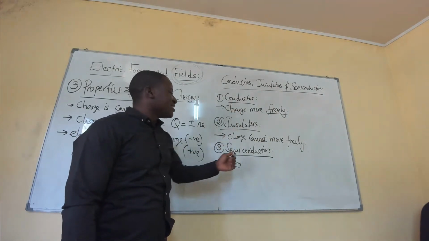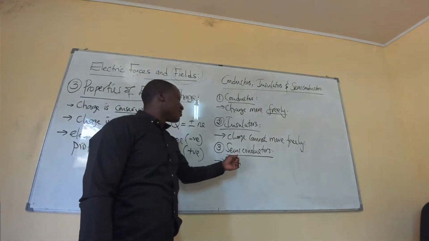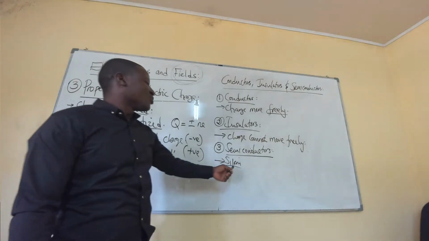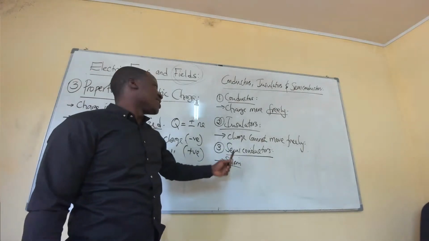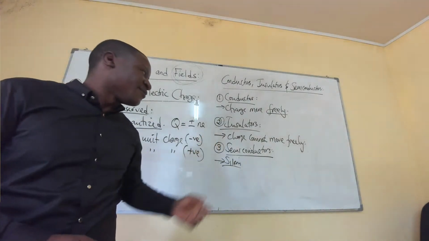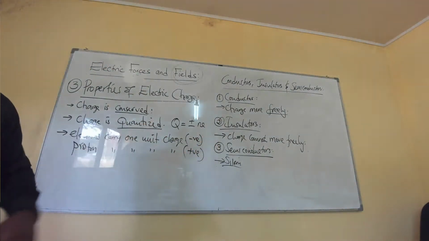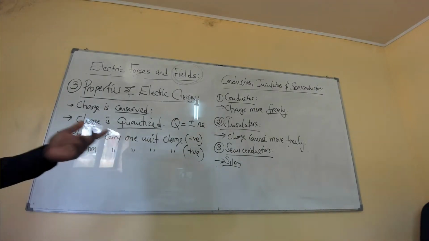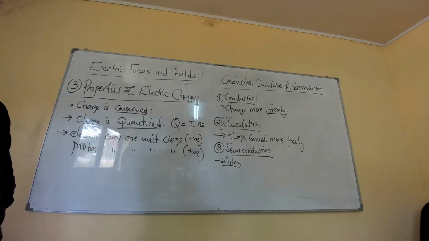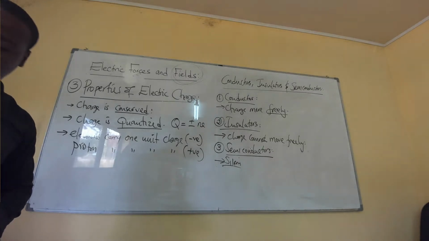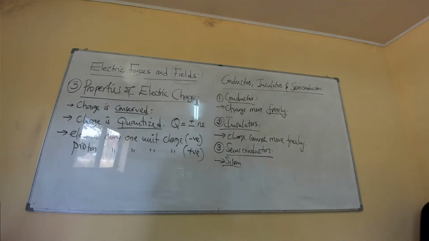In other words, you can engineer them in a certain way that at certain temperatures, they are able to conduct, and at other temperatures, they are not able to conduct electricity. So these are very, very important. Such an example is what is called silicon. If you are asked to mention one example of a semiconductor, you just say silicon. That is an example of a semiconductor. All right.